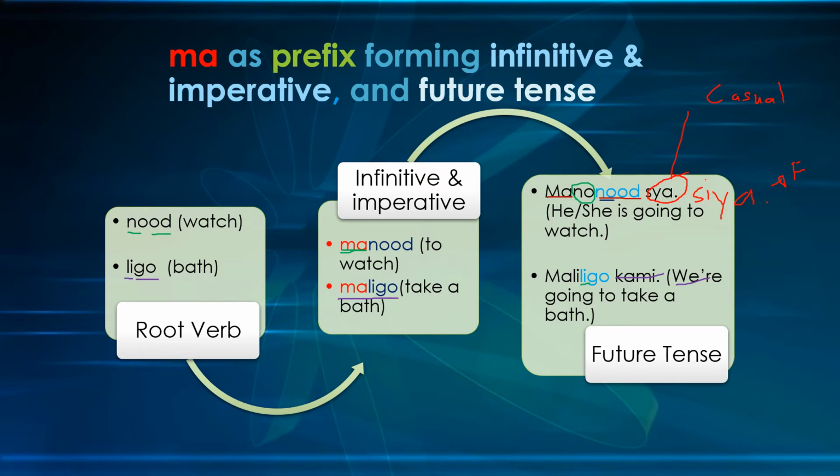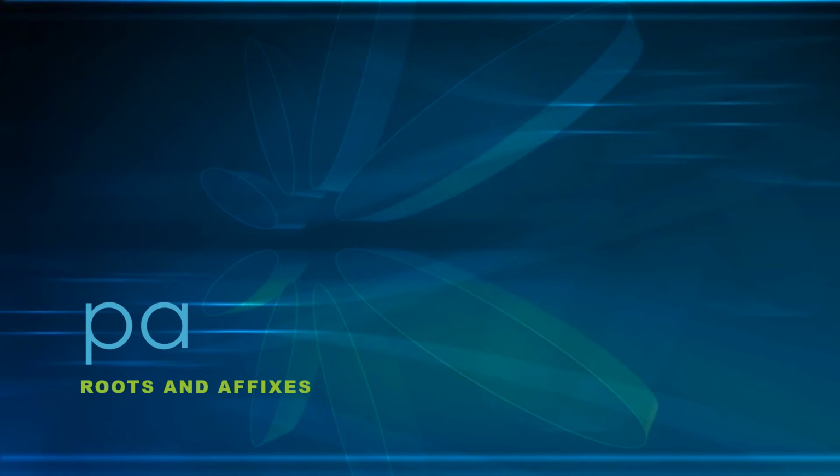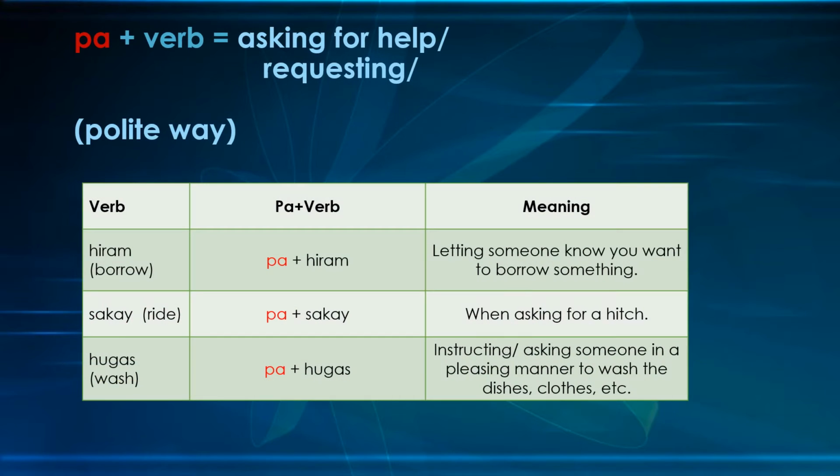Okay, here we have another kind of affix, and it is pa. We have here a pattern to remember when we want to use the affix pa, and this is pa plus verb.